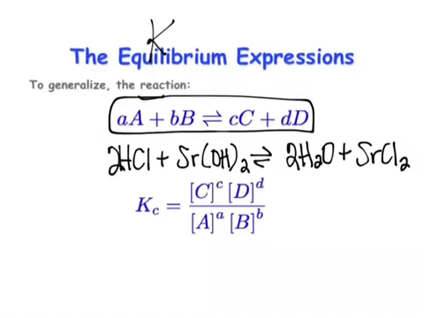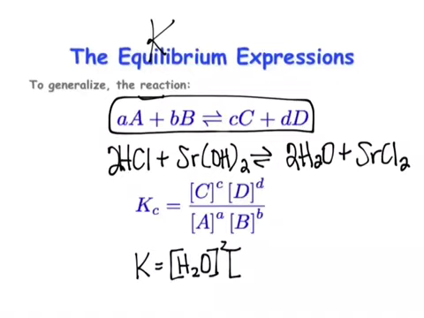Okay, so here's my equation. So products. This is going to be the concentration of one of my products, which is H2O. What's the coefficient in front of H2O? 2, so it's squared.